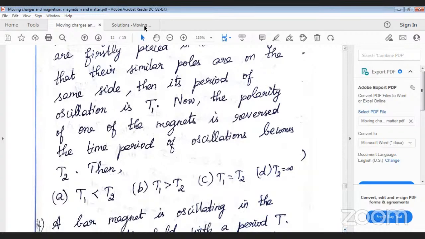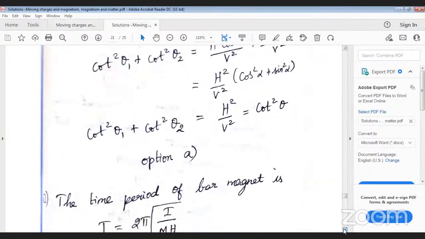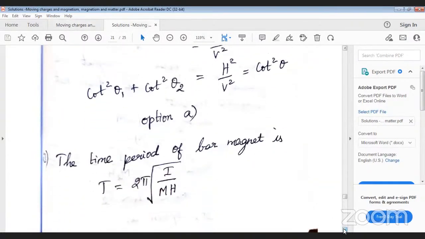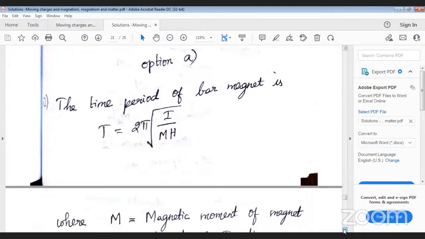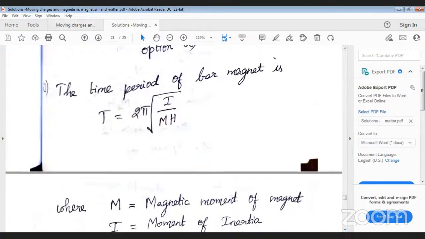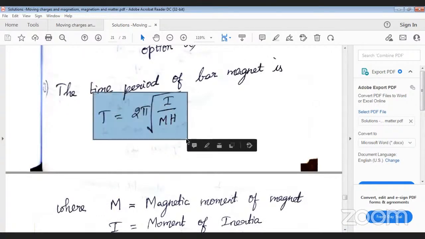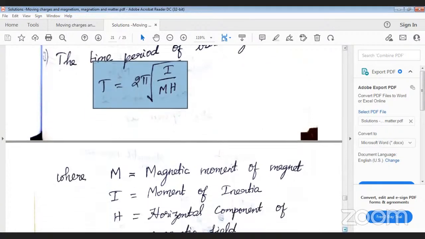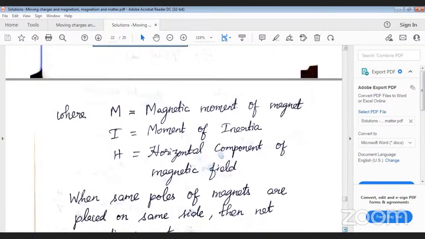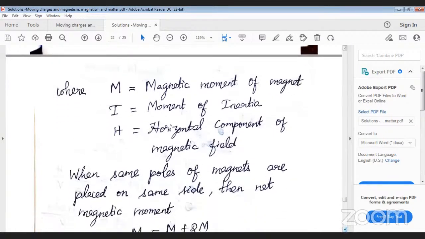For that, we should first write the formula for the time period of oscillation of the bar magnet. That is T equals 2 pi root of I by MH, where M is the magnetic moment of the magnet, I is the moment of inertia of the magnet, and H is the horizontal component of Earth's magnetic field.